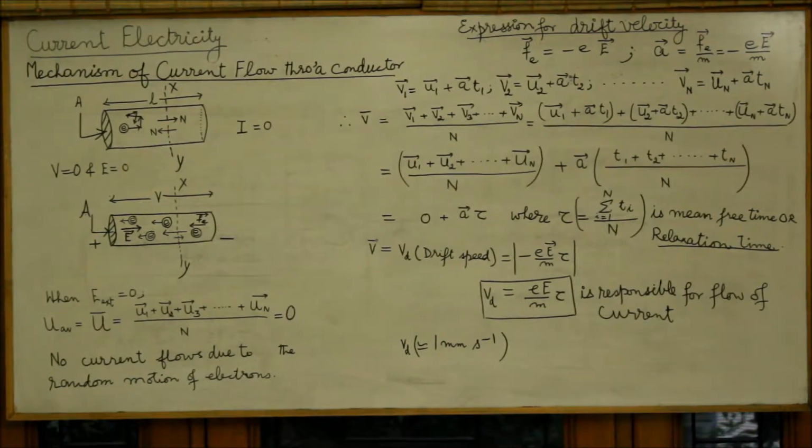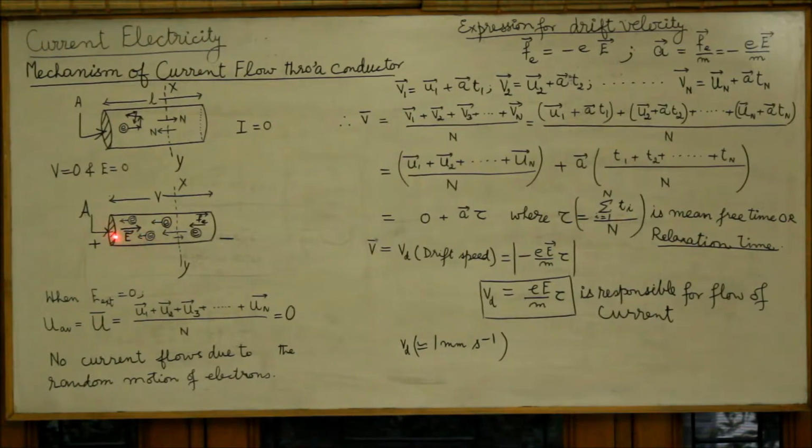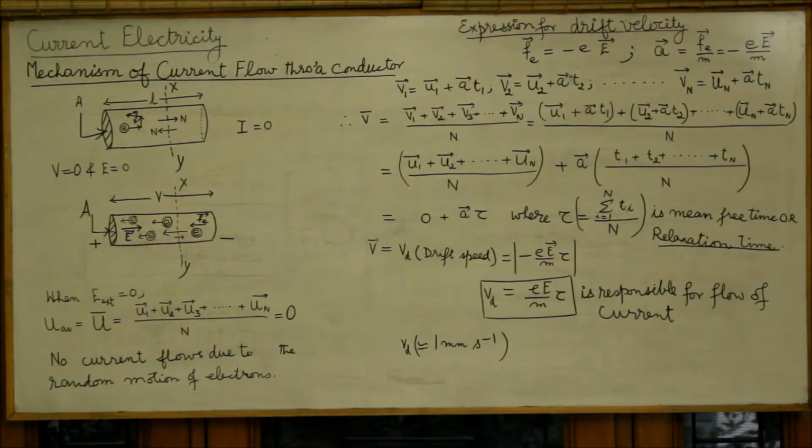Now let's see how current is caused. Suppose we apply a potential difference V across the ends of this conductor. This potential difference will cause an electric field given by V over L. Because of this electric field acting from the positive to the negative terminal, that is left to right, the electrons experience a force from right to left.